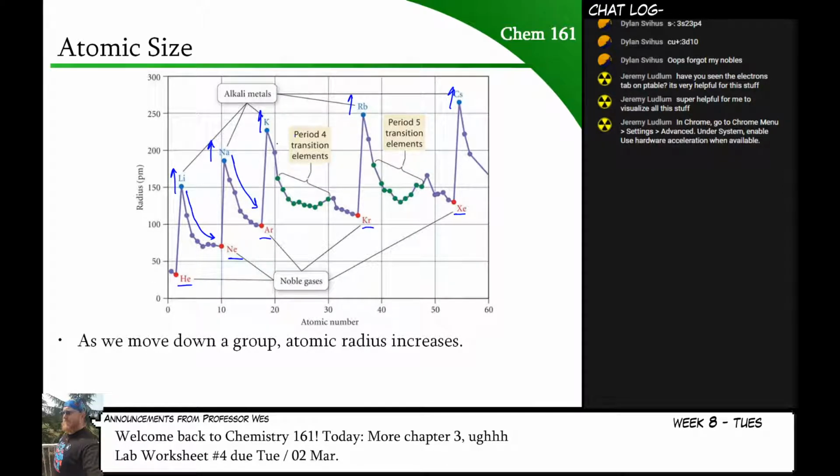And then when I get to the transition metals, I kind of slowly change in size, and then I start decreasing again. We're going to explain all of these trends using both quantum mechanical terms that we talked about. So N and ZEffective. That's our goal. We're going to explain atomic size using those two variables.